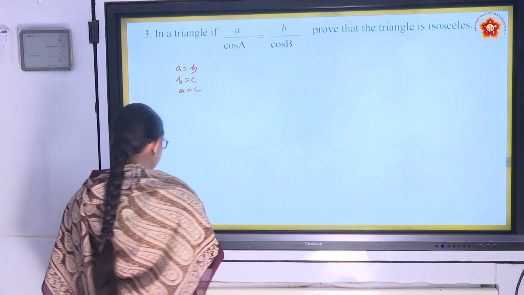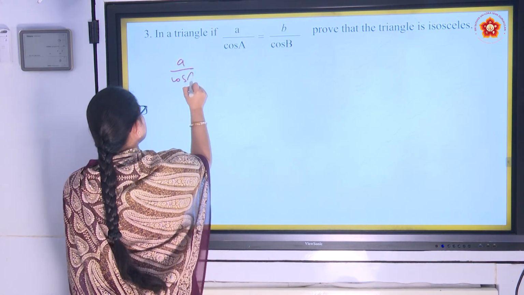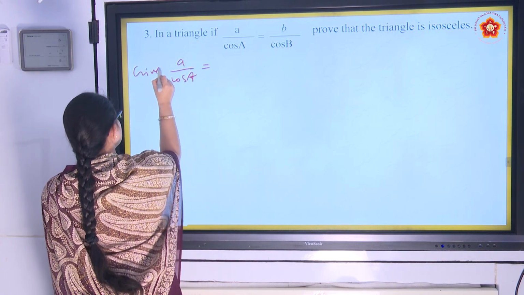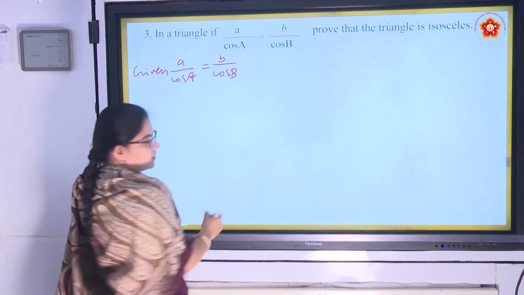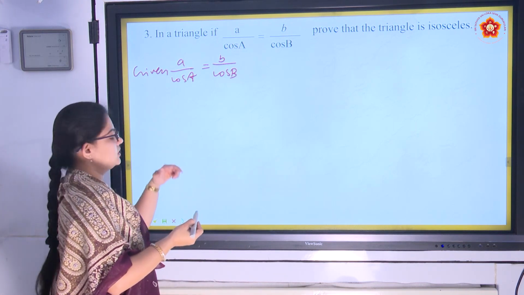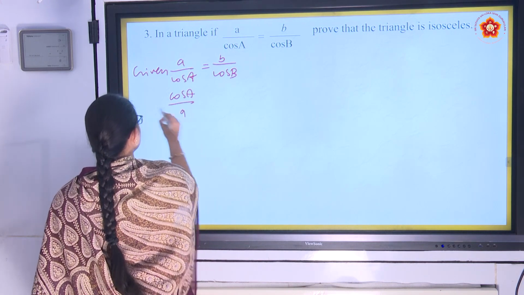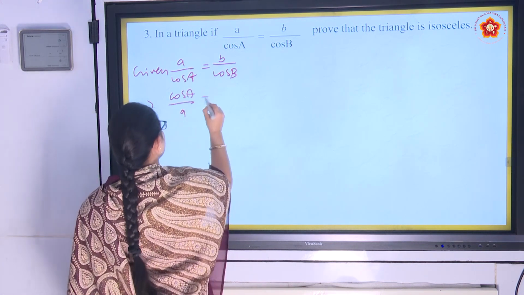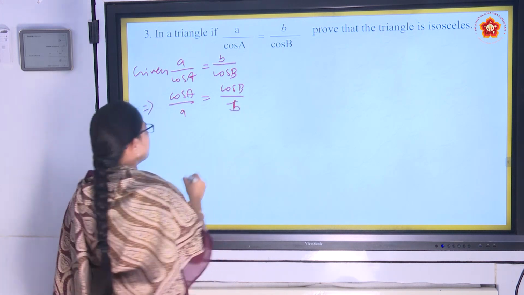So we can take the given, that is a by cos A is equal to b by cos B. For our convenience, let us take the reciprocal of that. So that is cos A by a is equal to cos B by b.